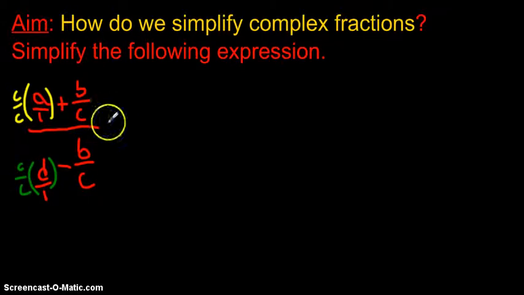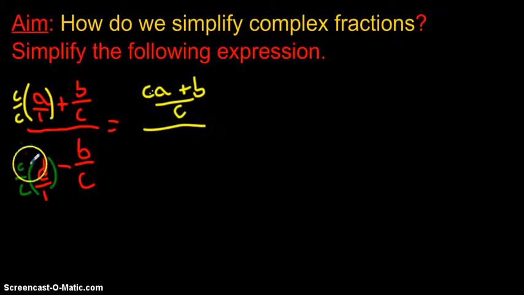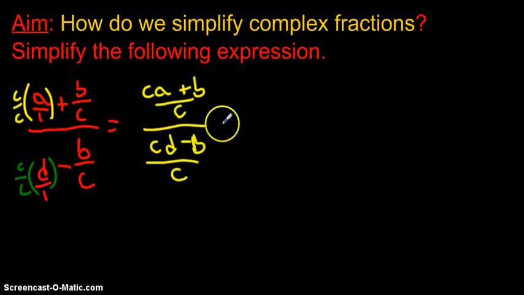So here are our new fractions. We've got CA, or AC, plus B over C, their common denominator. We have CD minus B over C, their common denominator.